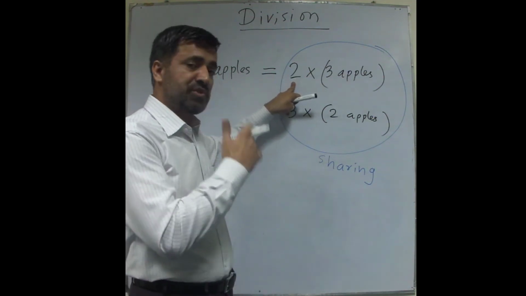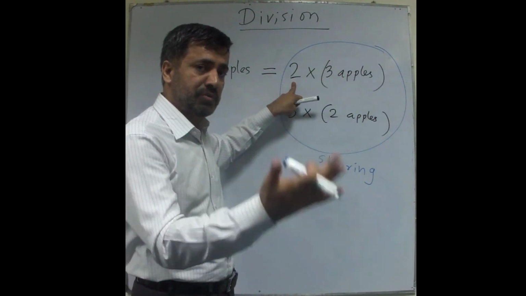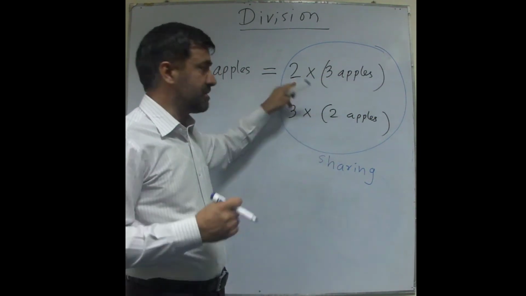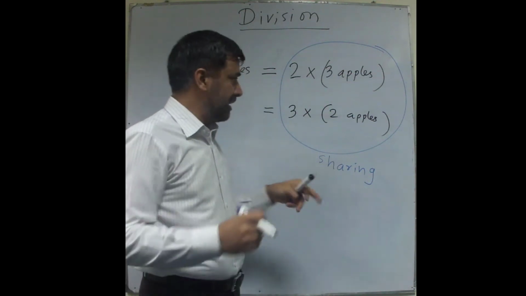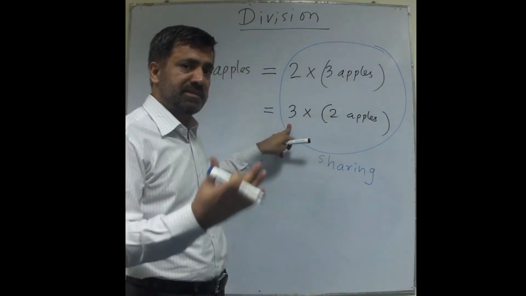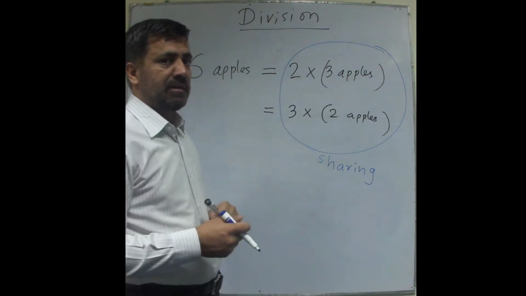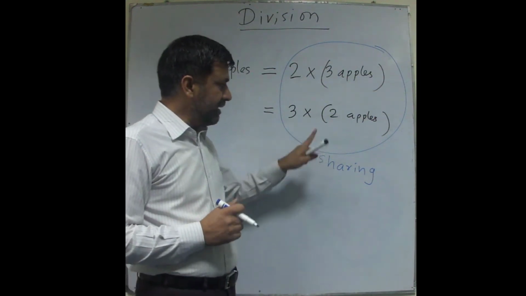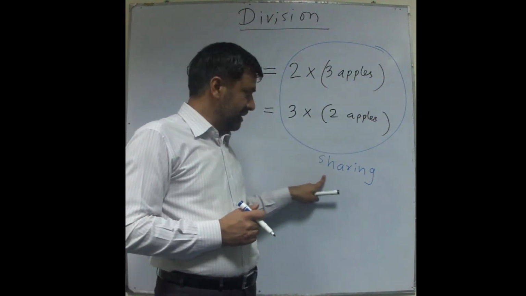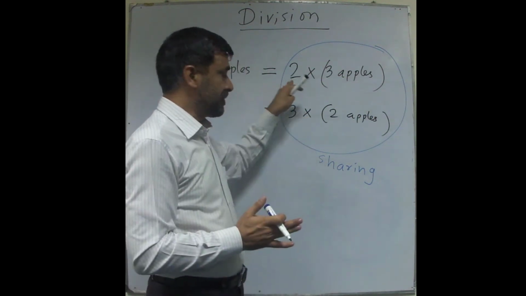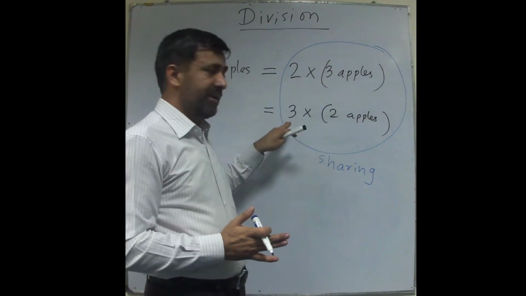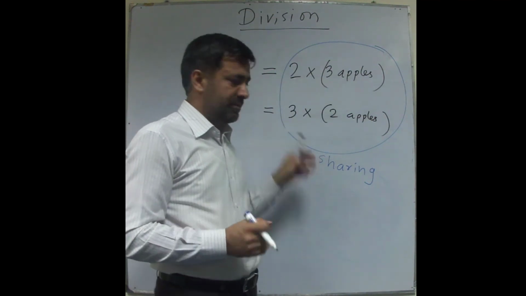You can see this as 2 kids, 2 siblings, 2 persons. Similarly, I can see this as 6 apples divided among 3 persons, 3 siblings, 3 children. And that interpretation carries the sharing. You are sharing 6 apples among 2 in this case, and among 3 in this case.